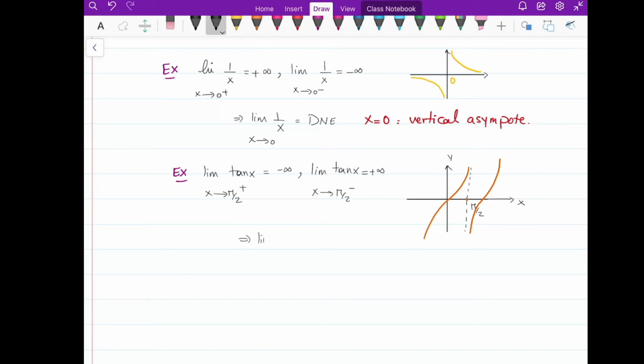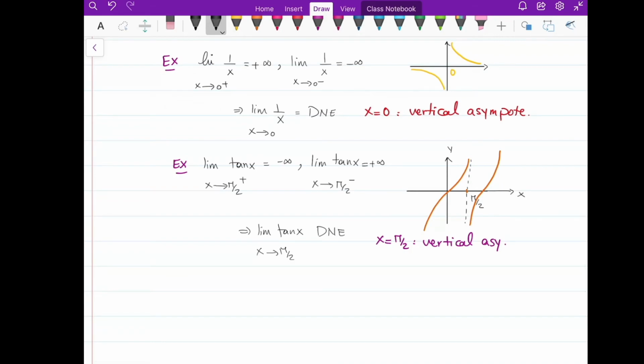So the limit of tan of x as x approaches pi over 2 does not exist, and x equals pi over 2 is a vertical asymptote.